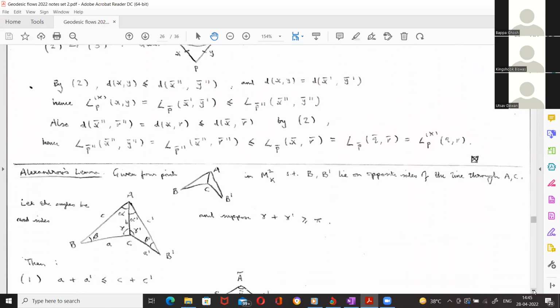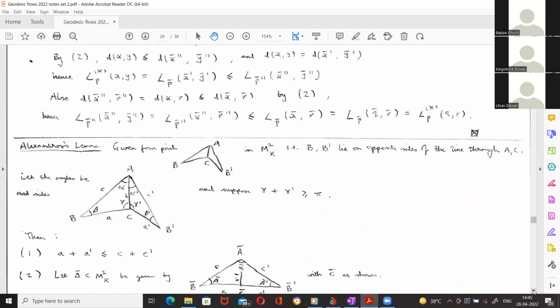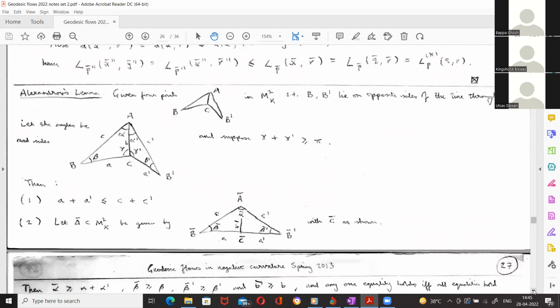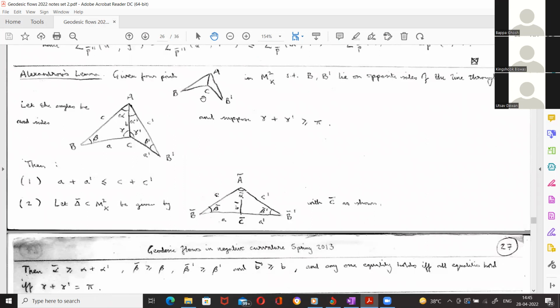Okay, so now we come to a useful lemma called Alexandrov's lemma. It says the following. Suppose we are given two triangles in M_kappa^2 which share a common vertex, A C. The triangles are ABC and AB'C, such that B and B' lie on opposite sides of the line passing through AC of this geodesic.